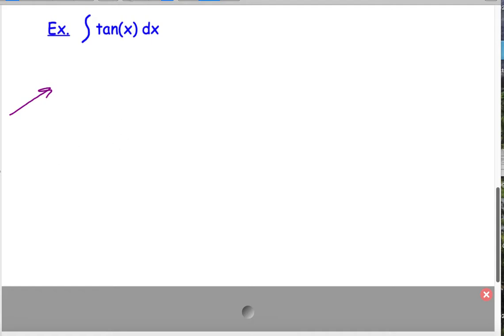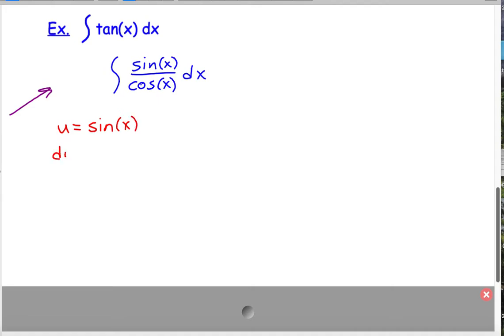So what else can I do? Well, maybe I could rewrite the integral in a different form. Well, we know tangent is sine over cosine. So let's try that. Now what should I let u equal? Well, you might think, how about let u equal sine of x? Let's see what happens here.